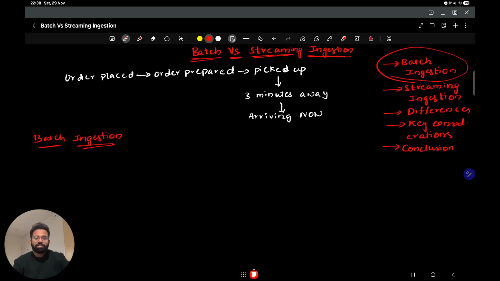So batch ingestion is basically when we collect data for some time and then process it together in one shot, in one batch. That's called batch ingestion.